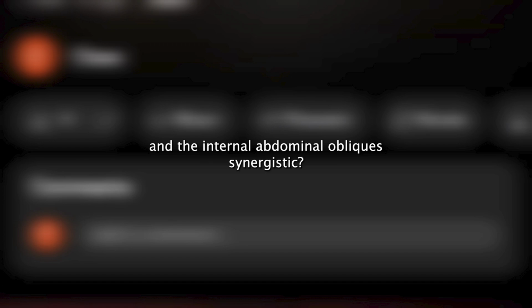Yes? Are the external and the internal abdominal obliques synergistic? Synergistic? Yeah, well, one term, yeah, they both can twist your body. We don't usually refer to it that way, but they basically do the same thing. They twist your body.